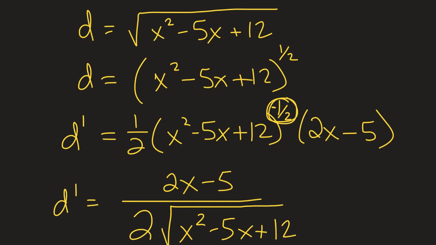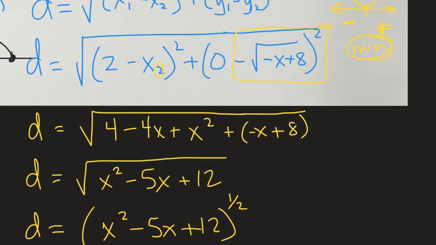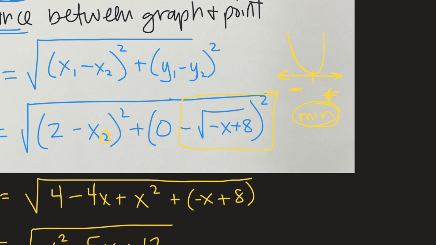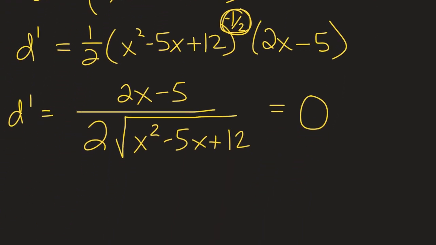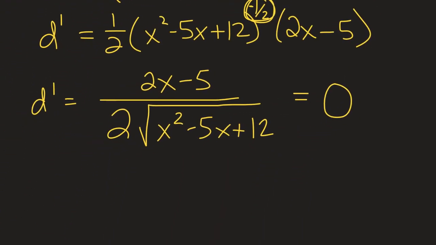Okay, so what do we want to know about this function? We want to know when the slope is equal to 0. Right, that's what gives us your horizontal tangent line. Like I said up here, you have to have a horizontal tangent, which means you have a slope of 0. Derivative equals 0. Okay, so how do we solve this equation for x?